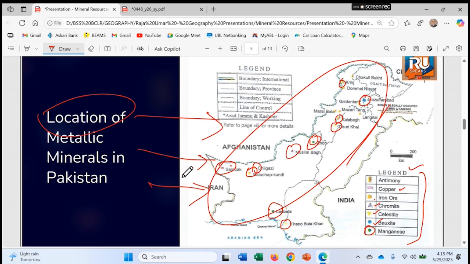You can see that most of the time you may get a question related to the distribution of metallic minerals in Pakistan. You can say that they are well scattered across Pakistan, and the majority of the minerals are being mined in Balochistan province, or they are available over there, and quite a good number of minerals are available in Khyber Pakhtunkhwa, and a single place in Sindh province, and very limited areas of Punjab: only Kalabagh and Daud Khel, and Langdiyal.